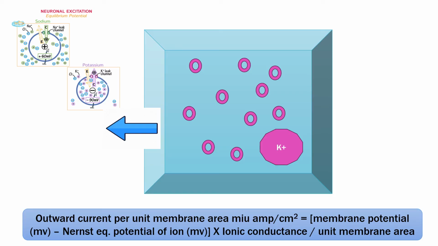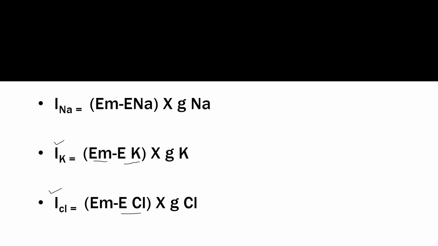Similarly, we can calculate the current of sodium. Potassium movement is outward, so we can calculate the outward potassium current. Similarly, the inward sodium current and the chloride current can also be calculated. So the sodium current we can derive as the membrane potential minus the equilibrium potential of sodium, that we know is plus 65, into the conductance of sodium.